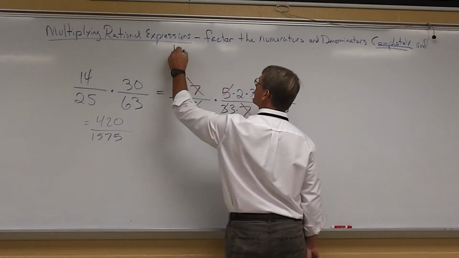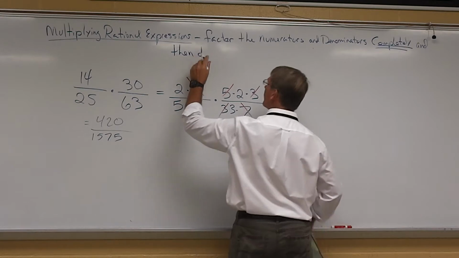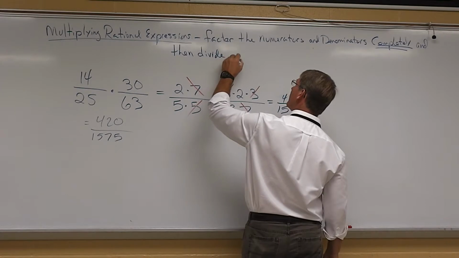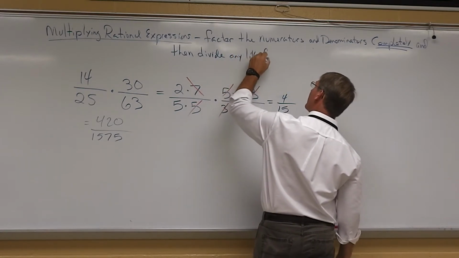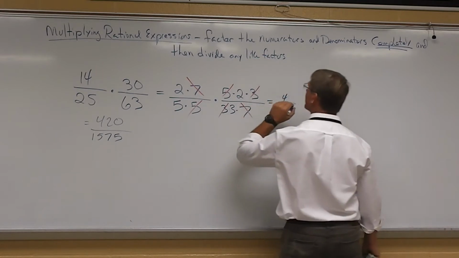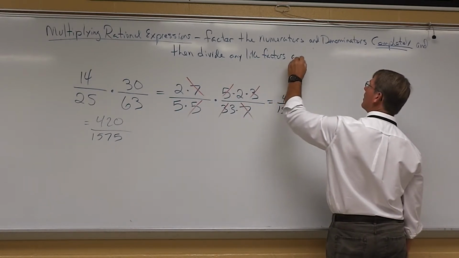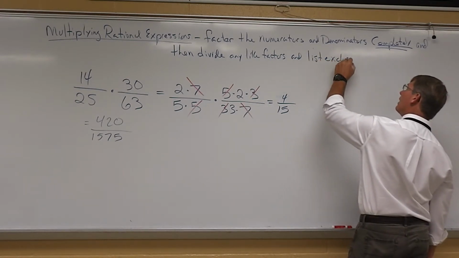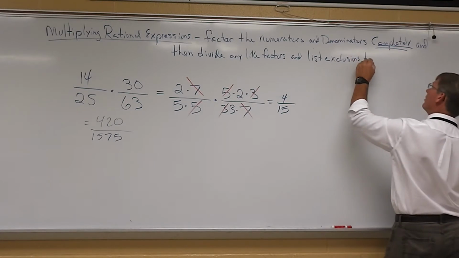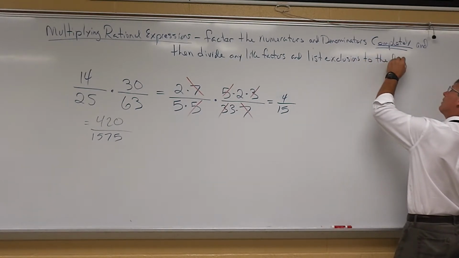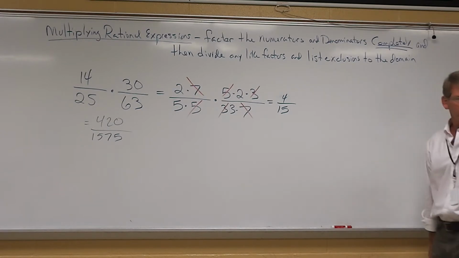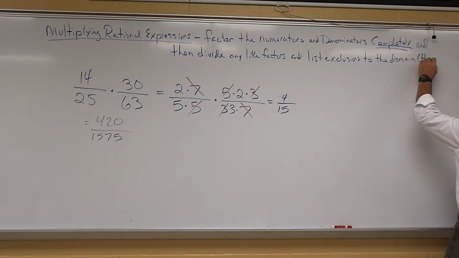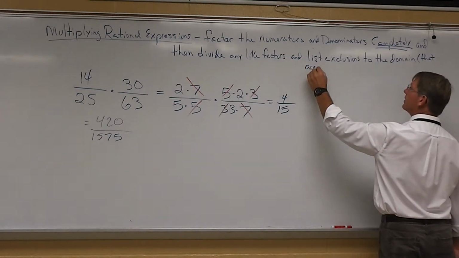And then divide any like factors and list exclusions to the domain. Just like we did with homework last night. And I'll put in parentheses here that are no longer apparent.